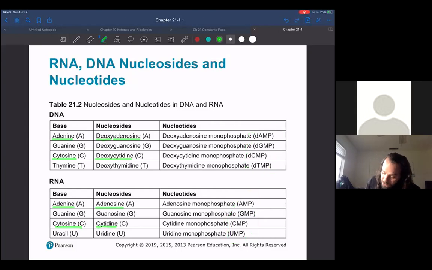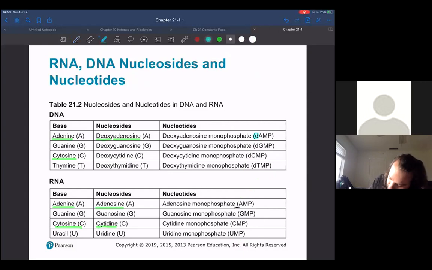Let's do it in steps here. First of all, if it has a D out front, that means it is a deoxyribose, or a component of DNA. If there's no little d out front, then it's a component of RNA. So a nucleotide in RNA would be AMP, whereas a nucleotide in DNA would be DAMP.